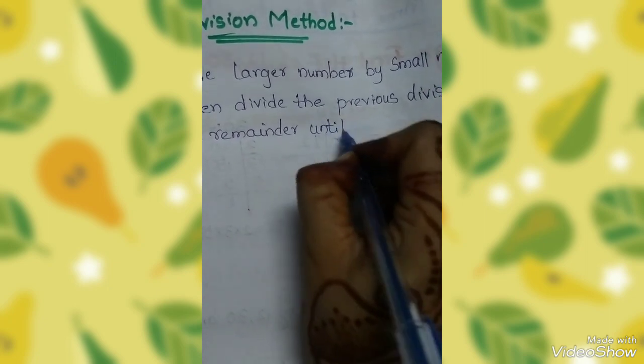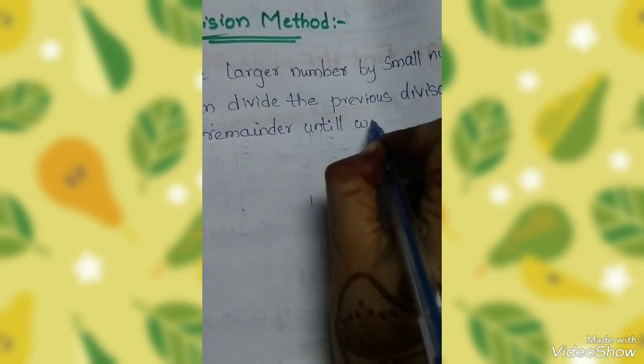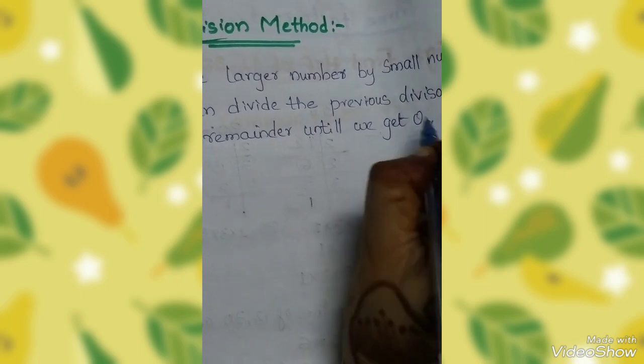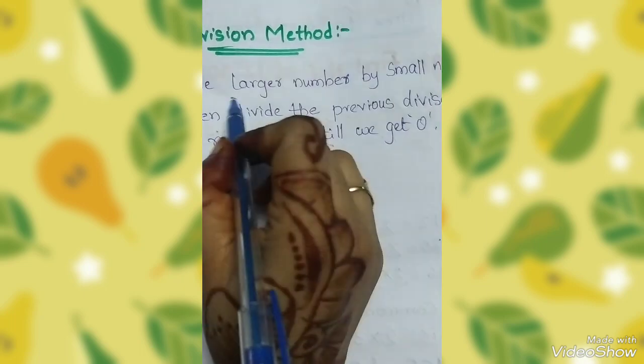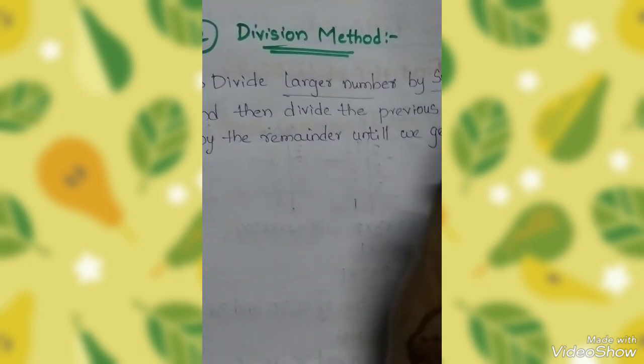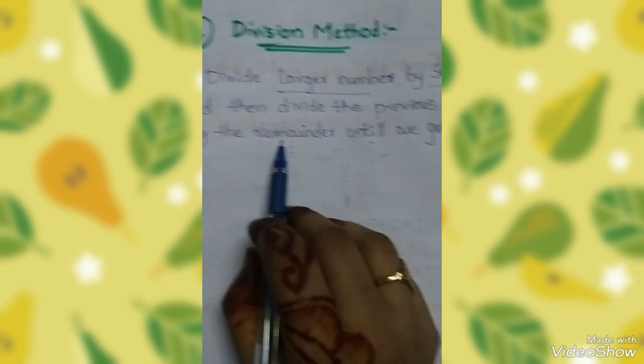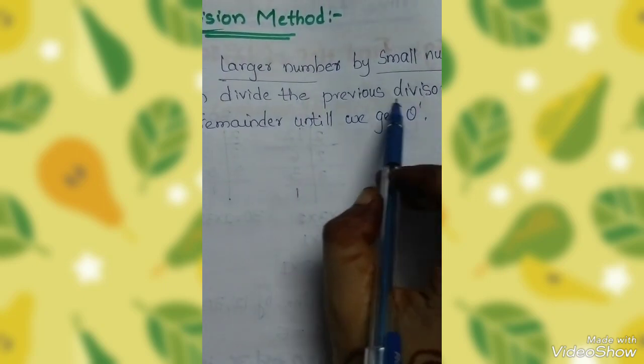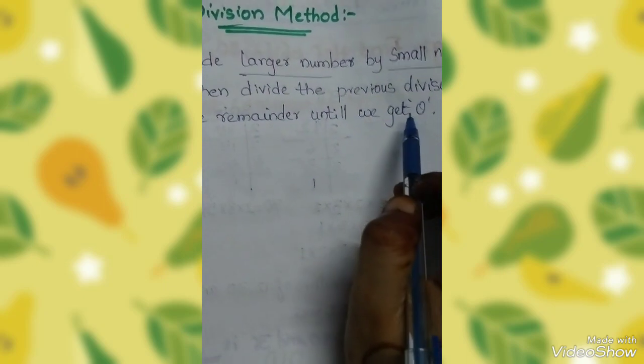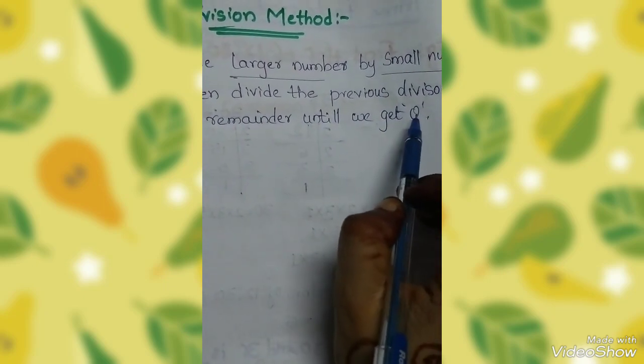Understood, children? We divide the larger number by the smaller number and get some remainder. That remainder should then divide the previous divisor, until we get the remainder 0.